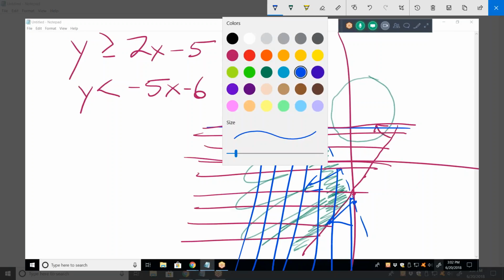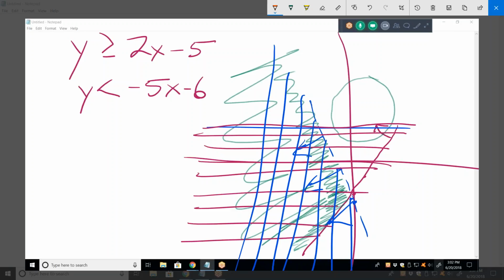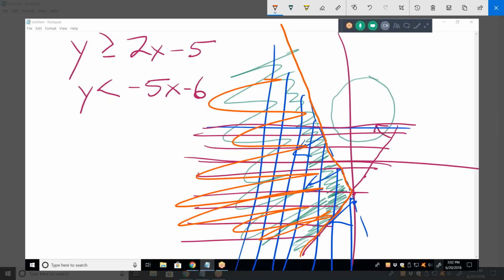That solution set is right in here, only that's a dashed orange line. When you get your two arrows, you have to figure out which is covered by both.